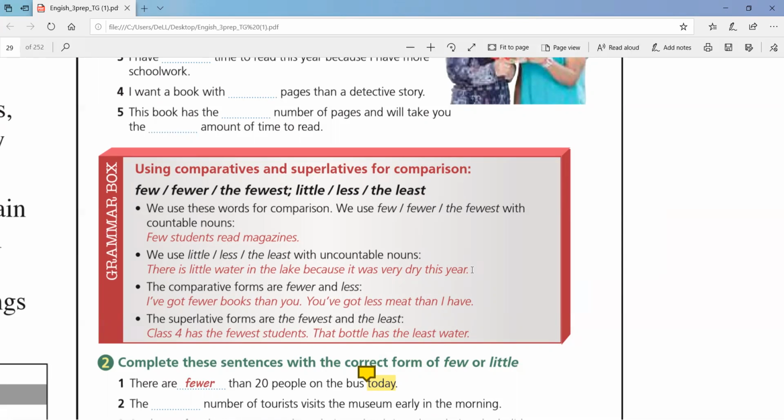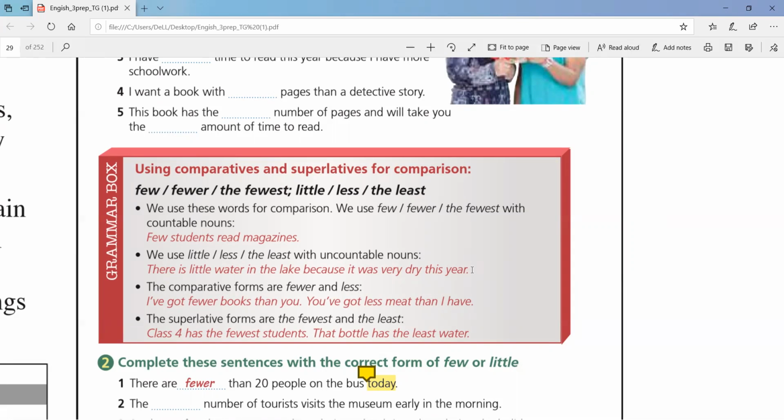We use few, fewer, the fewest with countable nouns. Look at that example. Few students read magazines. We use little, less, the least with uncountable nouns. For example, I have little money. I have a little money.